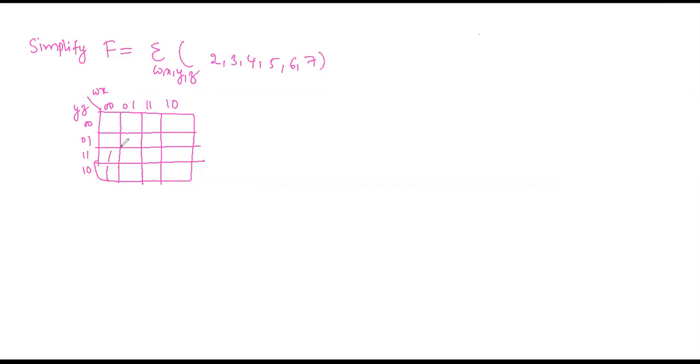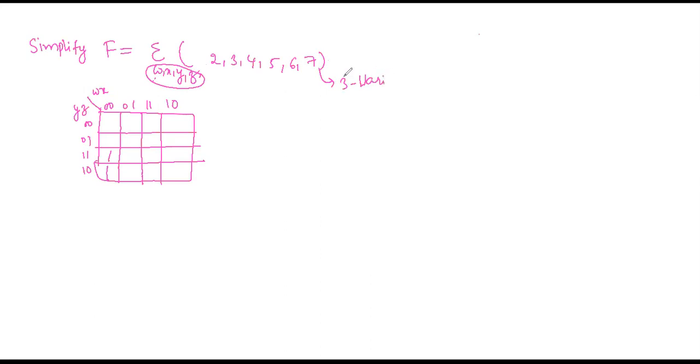Sir, but it's only 3 variable, na sir? But here it mentioned W, X, Y, Z. If we did not mention this W, X, Y, Z, you can solve this one with a 3 variable K-map.